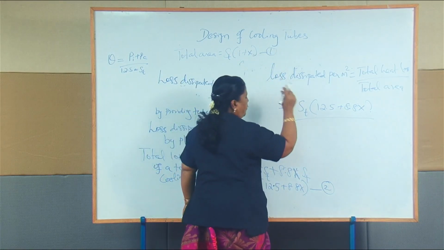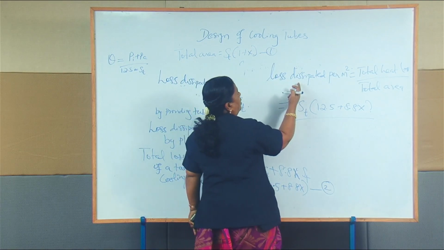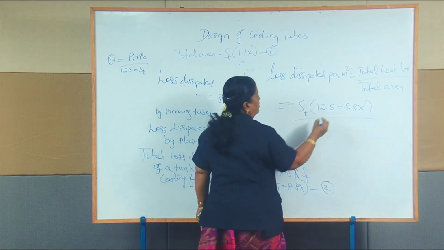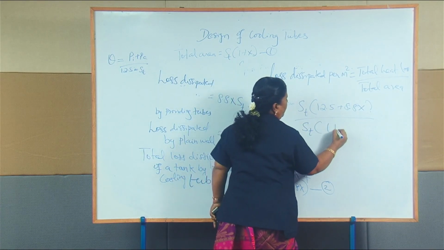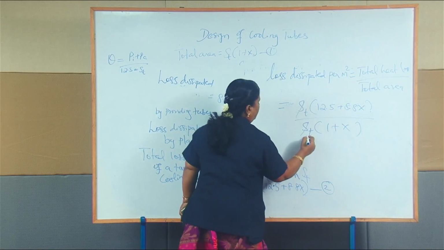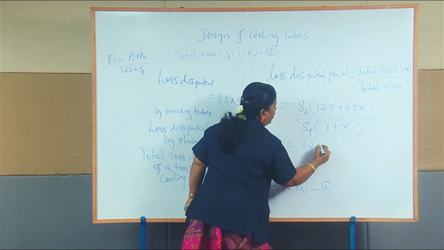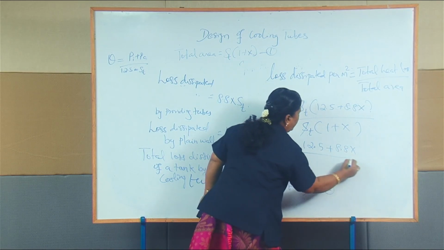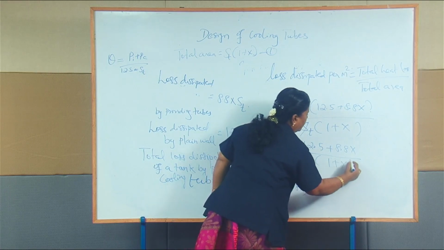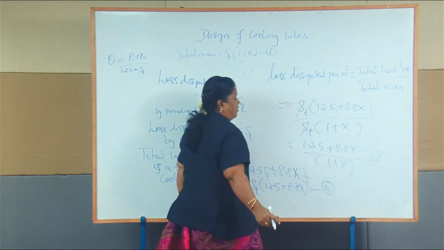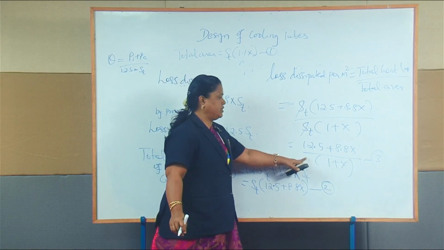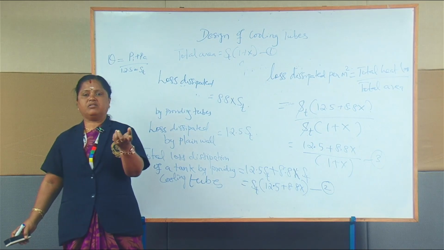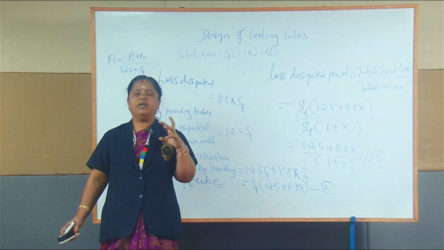So from 1 and 2 we get the specific loss dissipated per meter square by convection and radiation. The total area is S suffix T into 1 plus x. So specific heat loss will be equal to 12.5 plus 8.8x divided by 1 plus x. This expression 3 gives you the specific heat loss dissipated per meter square due to convection and radiation.